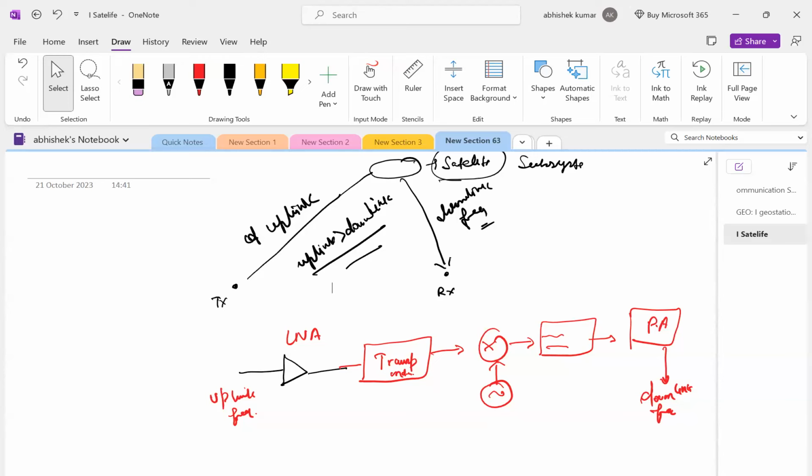You can observe here that 0 degree is the equator, and as we go from the equator, from 0 degree to far, you can see that we have different power being observed. Here we have an uplink frequency of 14 gigahertz and a downlink frequency of 11 gigahertz.